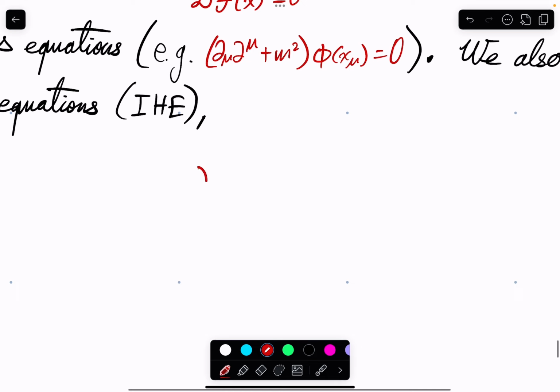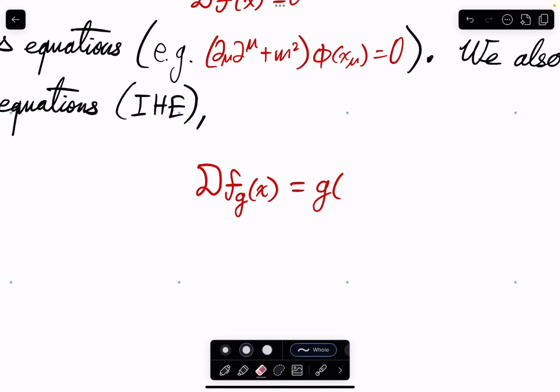Inhomogeneous equations, where you have the differential operator, you have some general function, and then it's equal to some function. All right, so this g and this g are not related. That could be confusing, so I'll write this as h instead.